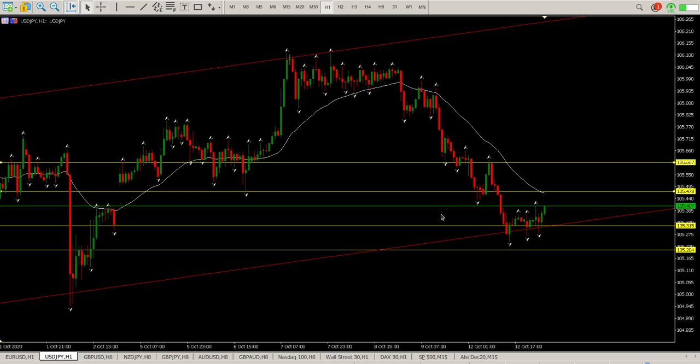So at the moment, that is what I'm suspecting. It looks like everybody is making a play for dollar weakness going into the election, so that's what we need to focus on right now. Okay, so that's what I'm looking for on this pair. It could be 105.473 or it could be 105.607, and those are the two areas that I'd be paying attention to.